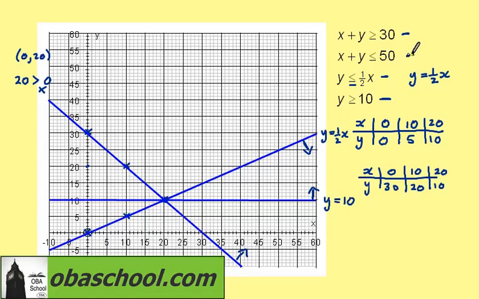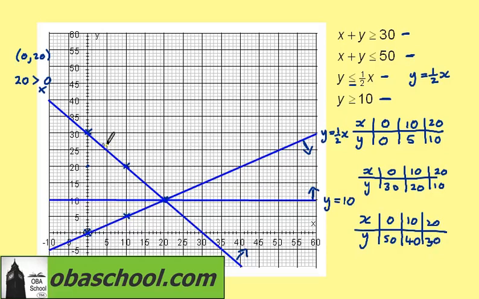Now for X plus Y is less than or equal to 50, we need to draw the line X plus Y is equal to 50. A table of values, X and Y. If X is 0, Y is 50. If X is 10, Y is 40. And if X is 20, Y is 30.